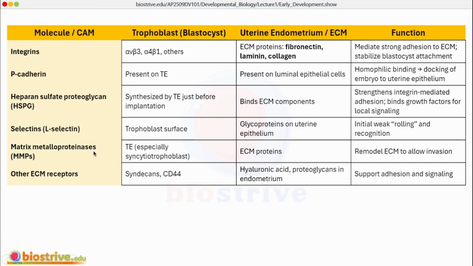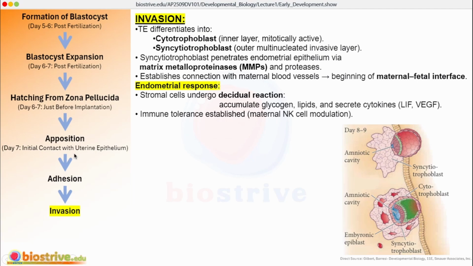These matrix metalloproteinases will help the syncytial trophoblast in this invasion process itself. There is establishment of contact with maternal blood vessels, and it is for the very first time the beginning of the maternal-fetal interface.